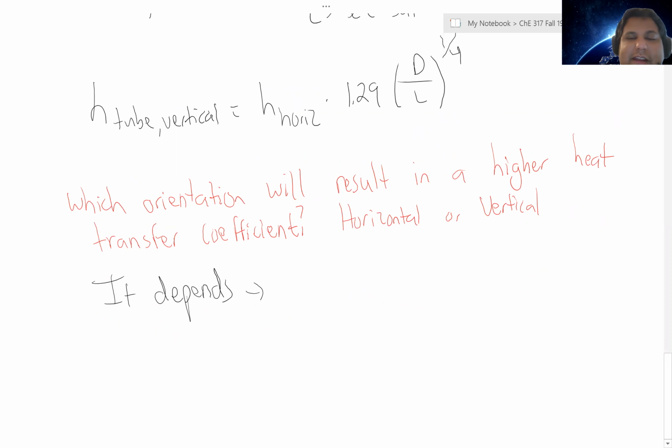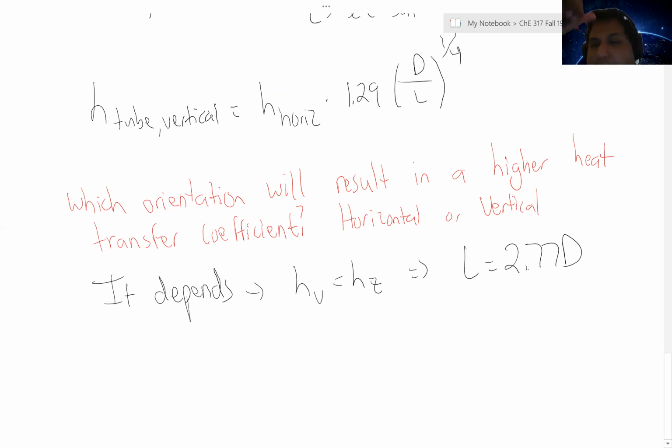Yeah, from this equation, if we set h vertical equal to h horizontal, that gives us a solution of the length equaling 2.77 times the diameter. Which means if the length is larger than essentially 3 times the diameter, you're going to get a higher overall heat transfer coefficient and heat transfer rate if the tube is horizontal.